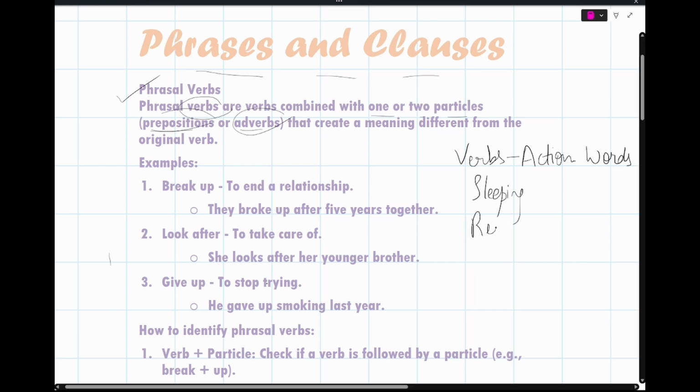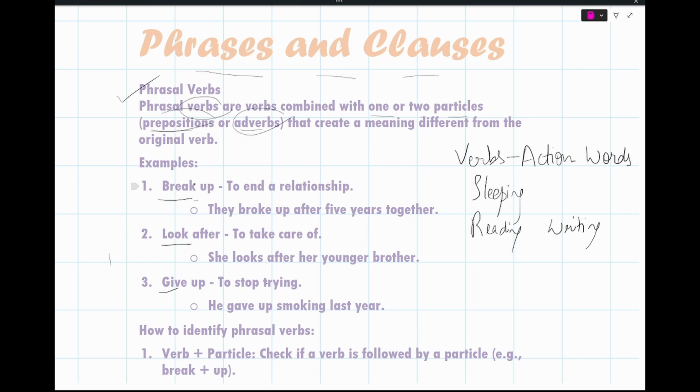Then reading, writing, all these are actions. Then there are, as you can see from the examples, the words break, look, and give. Don't focus on the other word for now, just focus on break, look, and give.